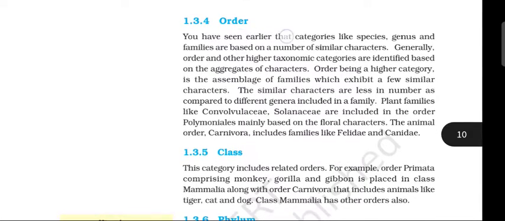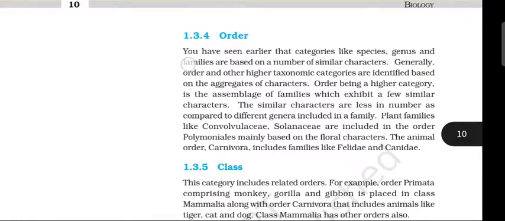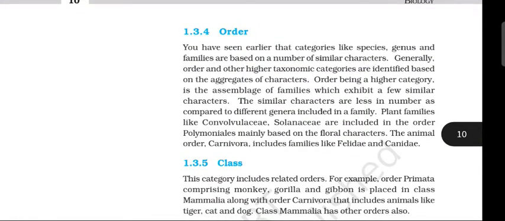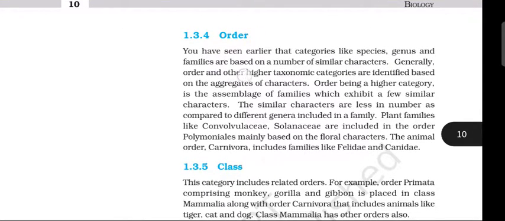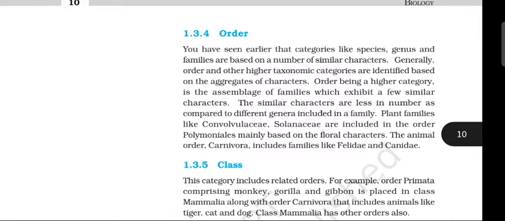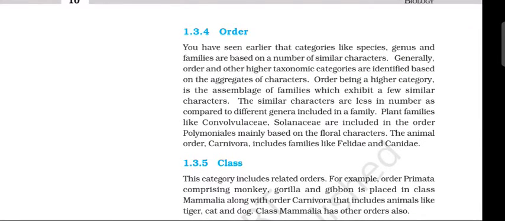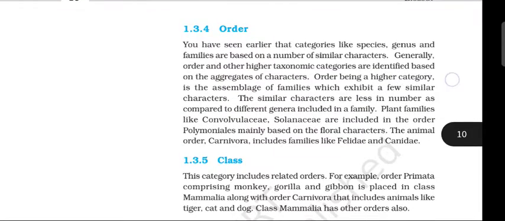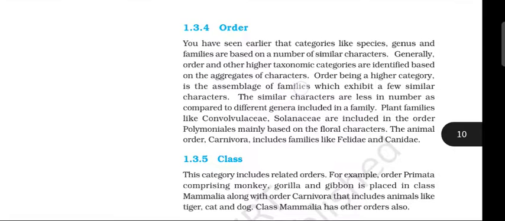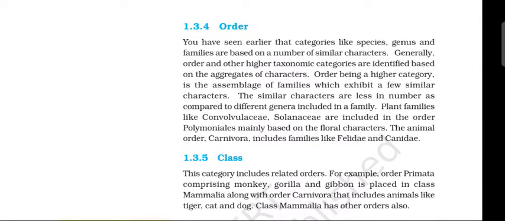So the next topic is order. You have seen earlier that categories like species, genus, and family are based on a number of similar characters. Order and other higher taxonomic categories are identified based on the aggregate of characters. Order, being a higher category, is the assemblage of families which exhibit a few similar characters.